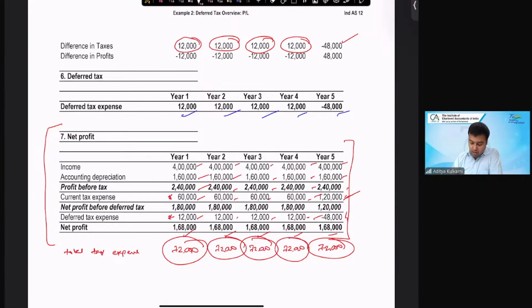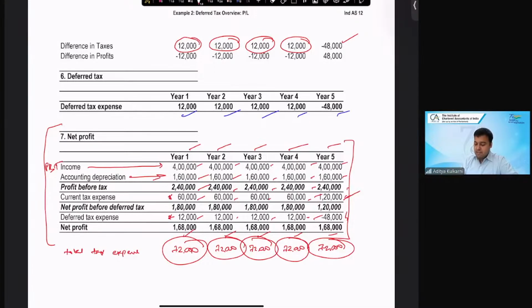I will be recording in each of these 5 years, whatever is your profit, that is your PBT as per the P&L. Then you will reduce accounting depreciation, 1,60,000 each. Okay. So that gives you PBT of 2,40,000.